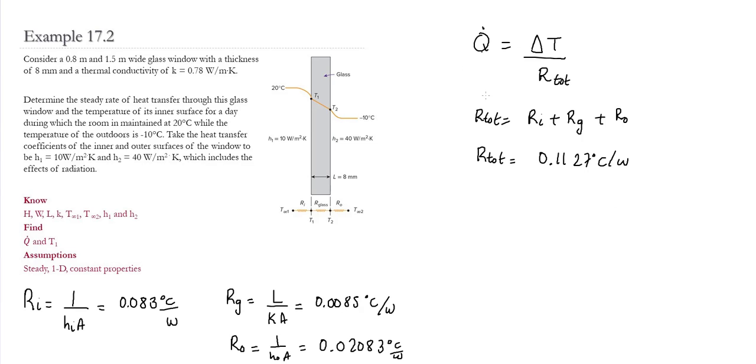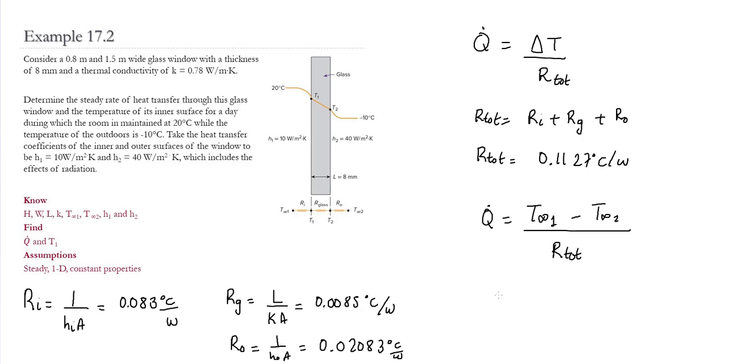Now in order to calculate the value of Q dot, we write the values that we know, the temperatures at the nodes: T infinity 1 minus T infinity 2 divided by the resistance that takes place in between those two nodes, which as we calculated is the total resistance.